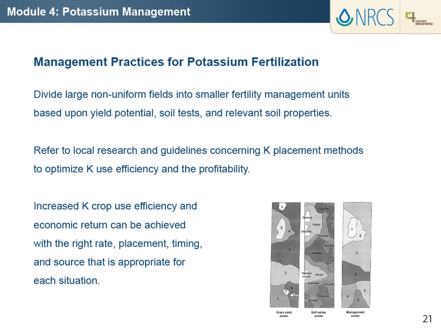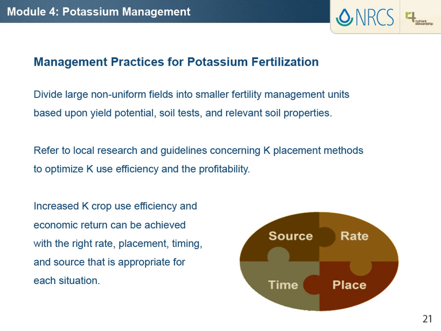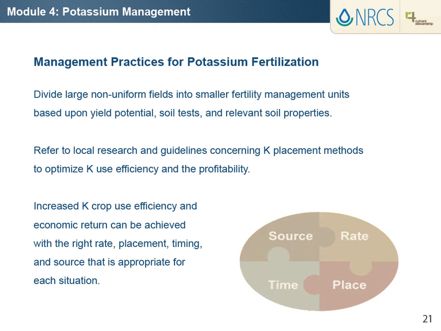Refer to local research and guidelines concerning potassium placement methods to optimize potassium use efficiency and the profitability of nutrient application. Increased potassium crop use efficiency and economic return can be achieved with the right rate, placement, timing, and source that is appropriate for each situation.